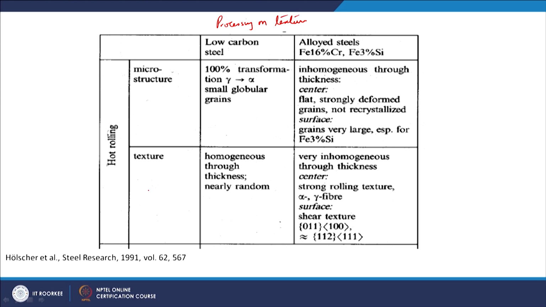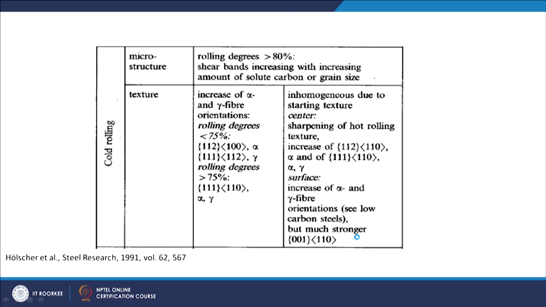Okay. So, hot rolling, I am not talking about microstructure right now. Okay. So, you have very strong rolling texture, okay, strong rolling texture with alpha and gamma fiber, okay, and also some shear texture components will be there in the material. If you are doing cold rolling in steel, okay, then you will have in terms of texture an increase of alpha and gamma fiber orientation, okay, and so these will be the components for both of these, okay, and if rolling is less than 75%, you will have alpha and gamma like this.